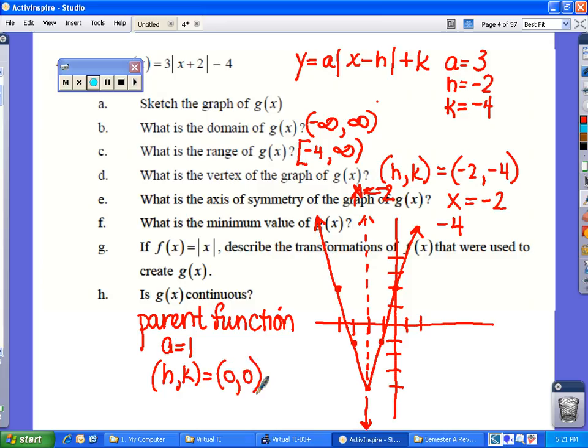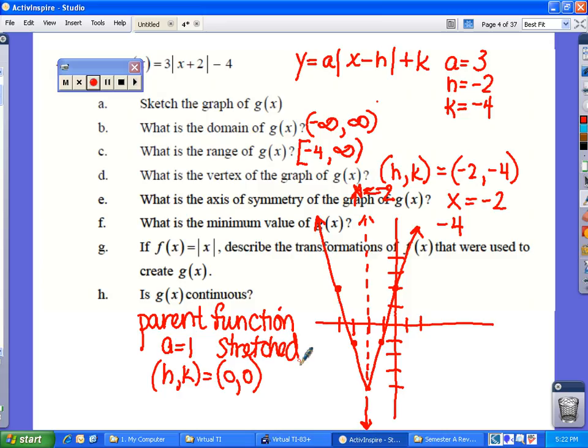So what transformations have taken place to create g of x? Well, we have stretched the function vertically by a factor of 3.